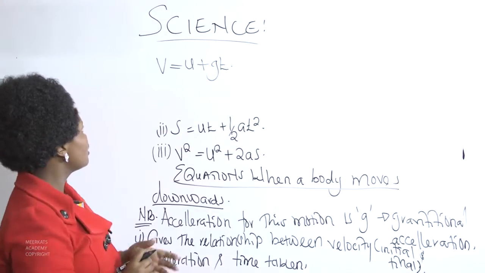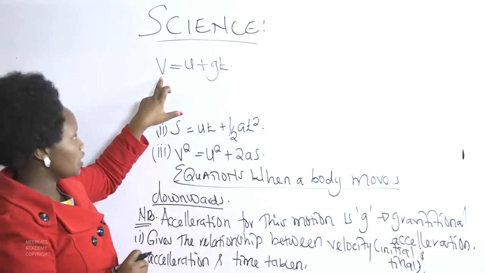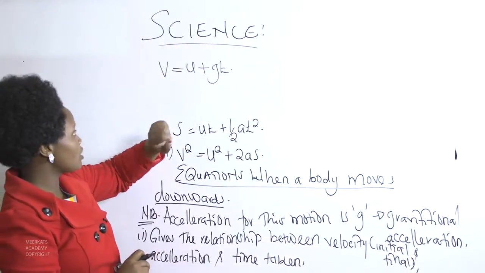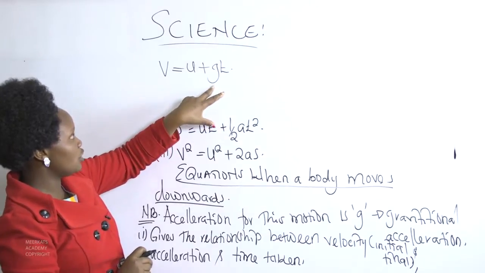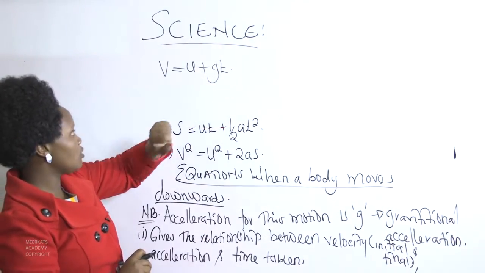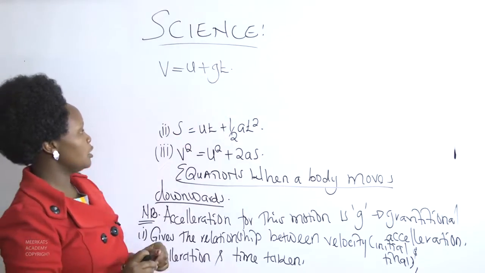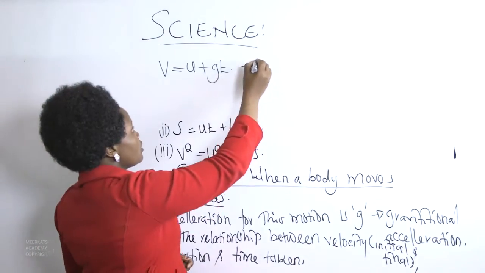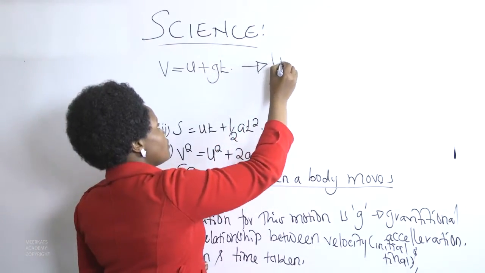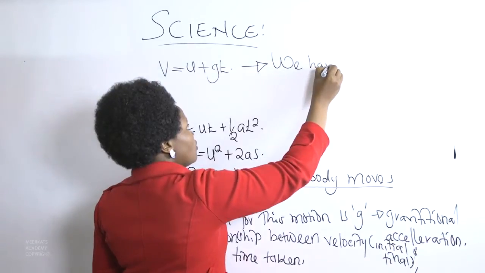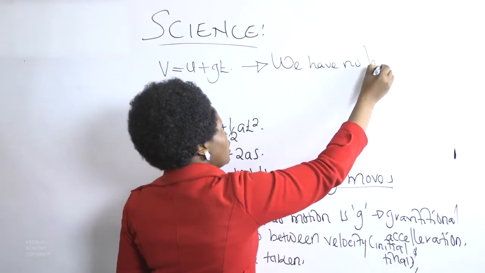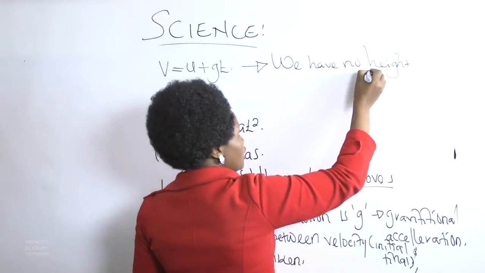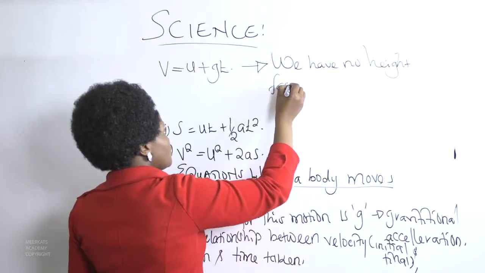Here v is the final velocity, u gives us the initial velocity, g is the gravitational acceleration, and t is the time taken. So in this case, we have no height factor.